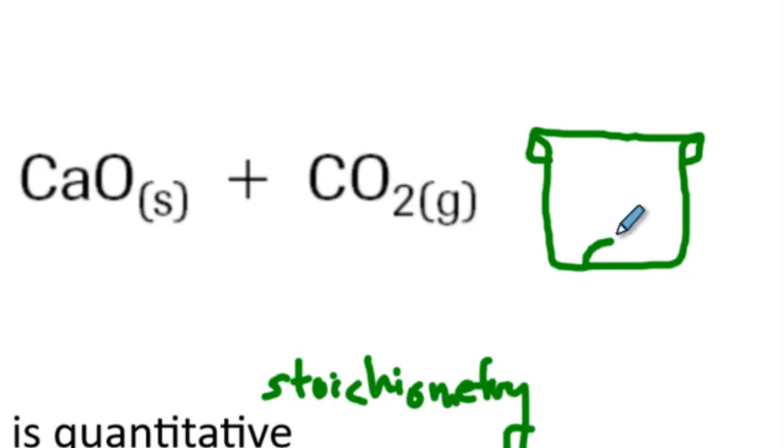So we have the same CaCO3, calcium carbonate, sitting on the bottom. We heat it. It turns into CO2 and CaO, but that's only one of the reactions that happens. Because this system is closed, the CO2 hangs around.